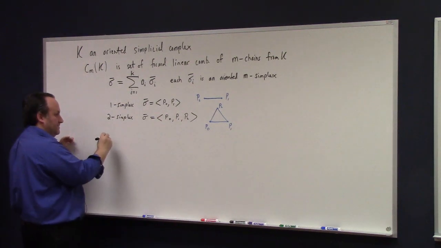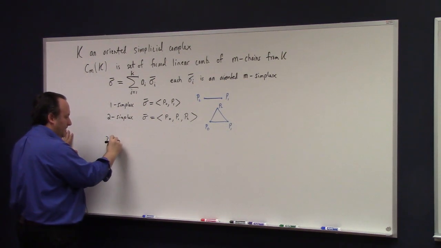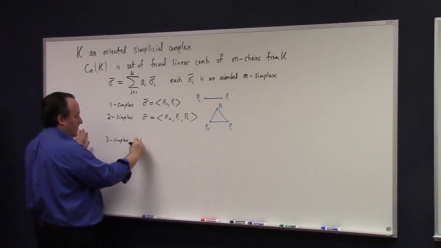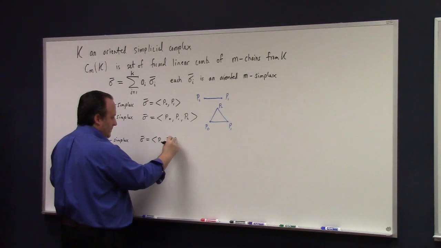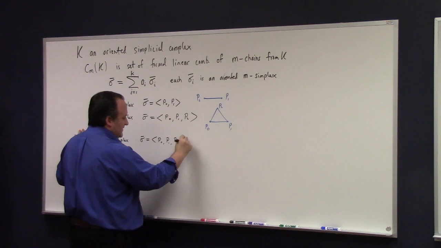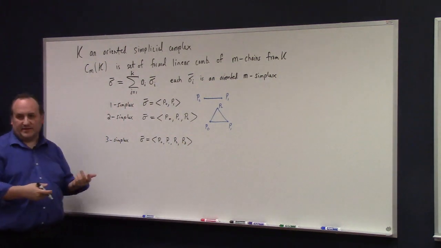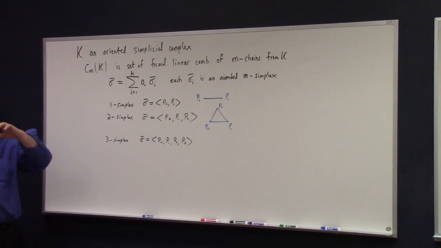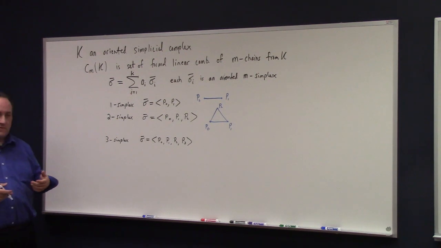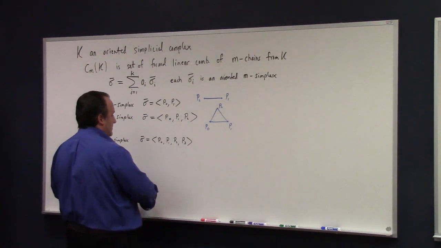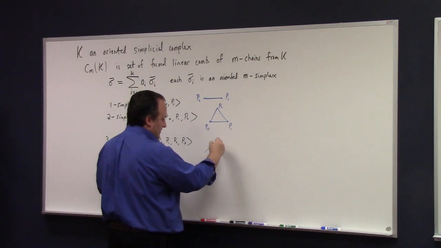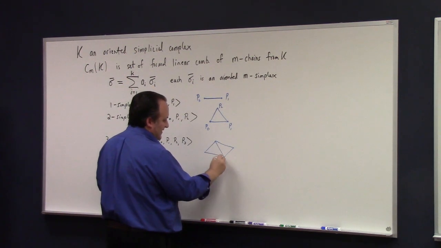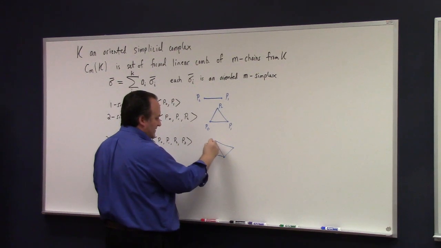A 3 simplex. I'm labeling the simplex by its vertices. It's the convex hull of its vertices, basically the smallest convex set which contains these points.